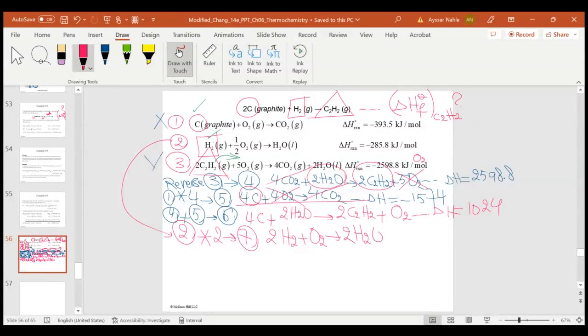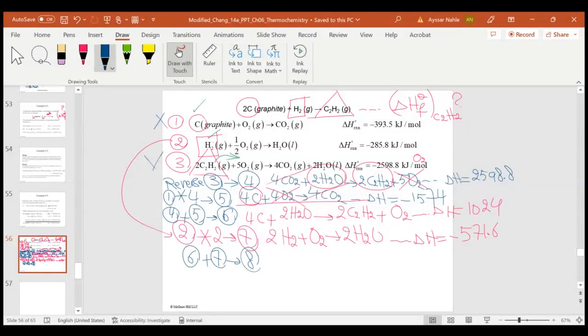Can you give me the corresponding delta H in here? How much will it be? Negative 571.6 kilojoule. Now the next step, take equation number 6, add to it equation number 7, and this way I will obtain equation number 8.